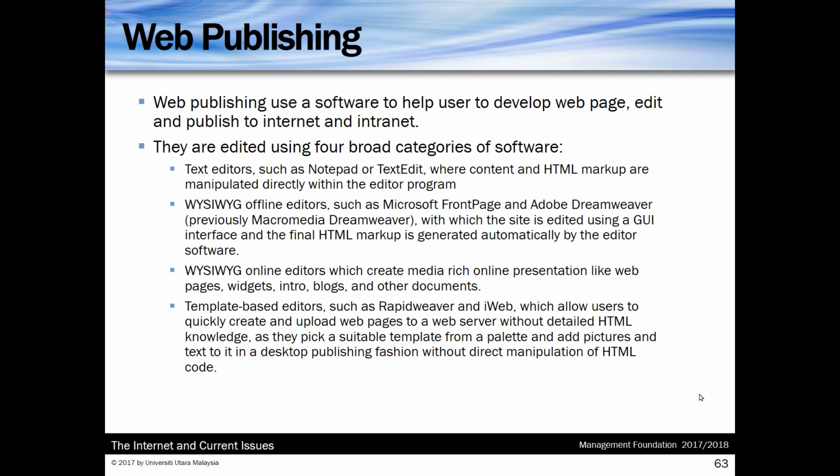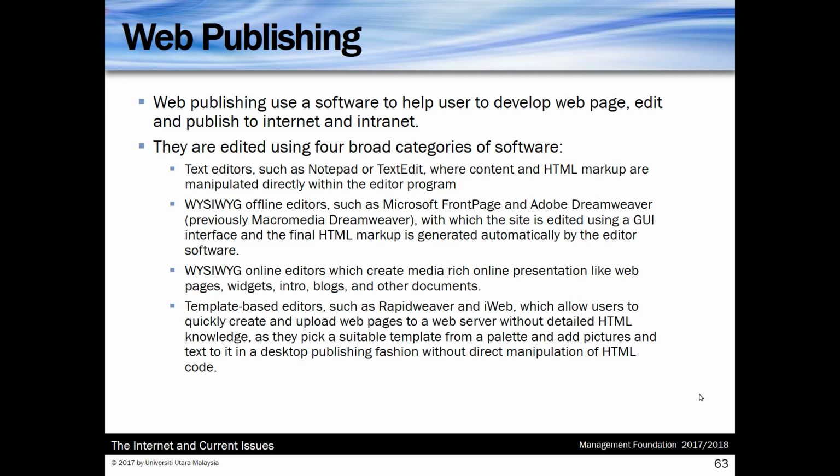Web publishing uses software to help users develop web pages, edit, and publish to the internet and intranet. They are edited using 4 broad categories of software. We can use a text editor such as Notepad or TextEdit, where content and hypertext markup language are manipulated directly within the editor program.